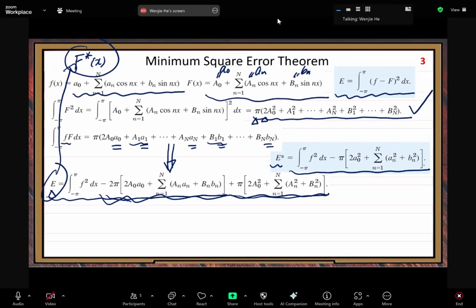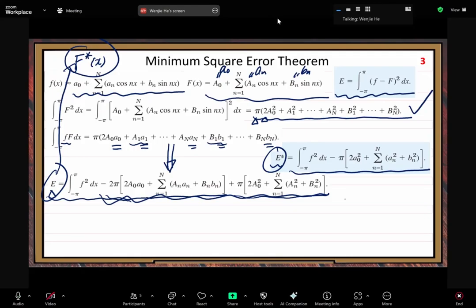All right. The next question. Here, we're closer to our destination. Our destination, we want to show this E star is the best error, better than any other, better than any general.